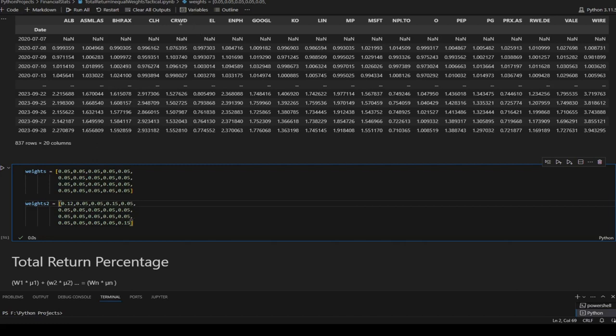Then next to CLH, CRWD, we're going to lower to 1. And Estée Lauder, we're going to lower to 1%. Then NPE and O, we're going to lower also.